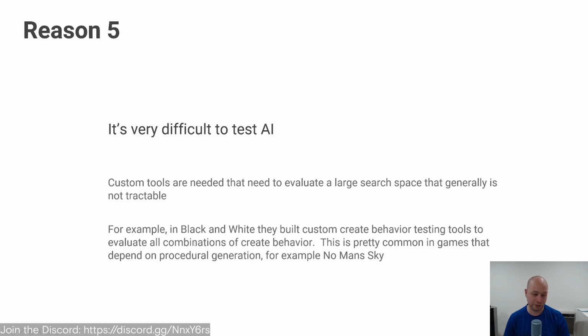I actually don't have experience with Black and White, but this was in the slide before, and this is true. Many games need to create bespoke solutions to test almost every combination of different things that create these systems, to make sure that none of them have a bug or expose some kind of fragility in the engine. It's pretty common for things even like No Man's Sky.